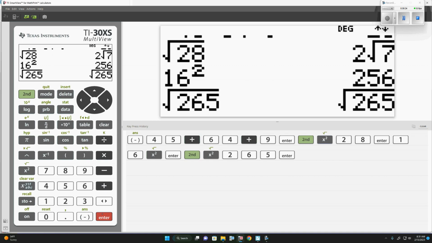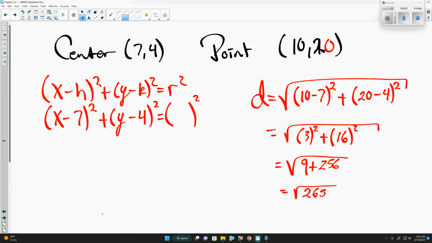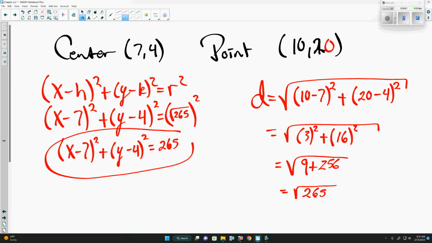Is indeed the square root of 265. That's as simplified as it gets. Luckily for us, when we square the square root of 265, we get 265. So that does work out nicely.